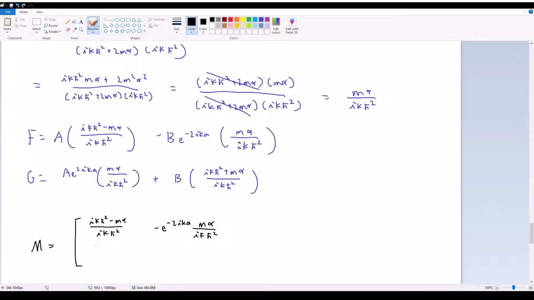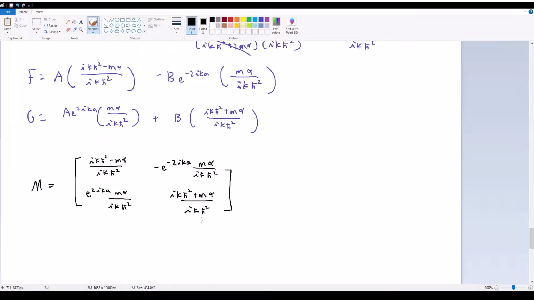At the bottom left, we get e to the 2ika times m alpha over ik ħ². And then to the right, we get ik ħ² plus m alpha over ik ħ².